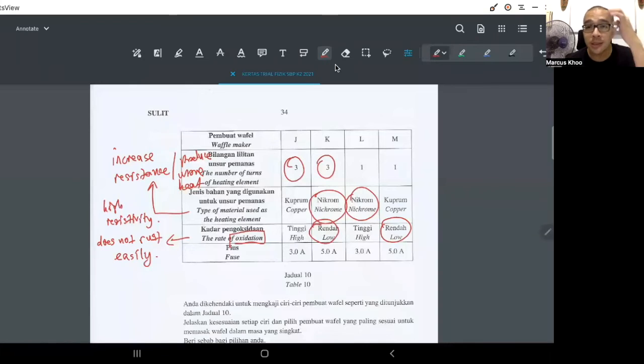Notice, I always see this pattern in exam questions: they never use the rate of rusting, because then it's very hard for us to give the reason. But the question is so kind to you, it says the rate of oxidation, so you can talk about rusting. To us, we understand oxidation produces rusting. Actually oxidation does a lot of things, not just rusting.